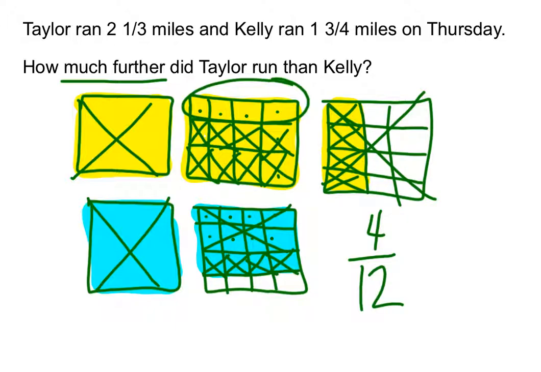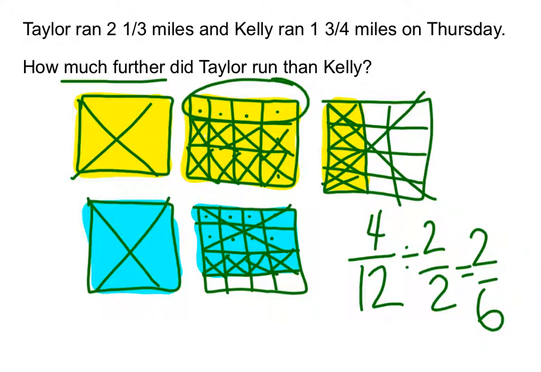I'm looking at this number and I'm realizing they're both even numbers. So I know that I can divide them both by 2 to make a simplified fraction. 4 divided by 2 is 2. 12 divided by 2 is 6.